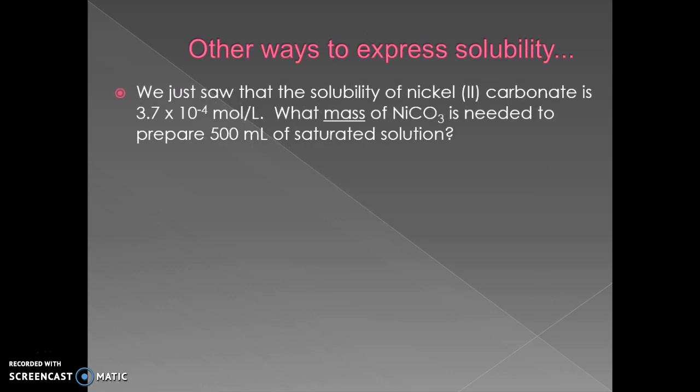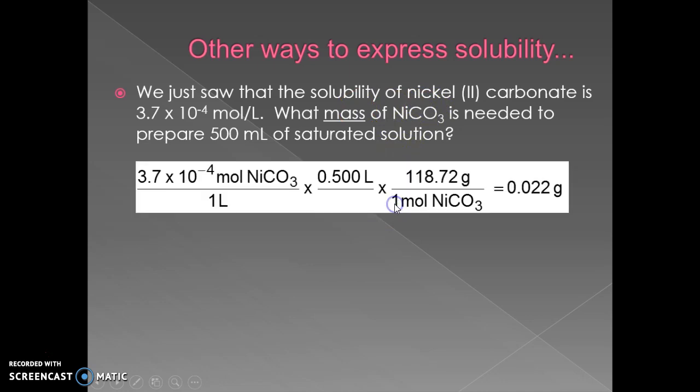We can continue that idea from the nickel carbonate and go into how much solid you would wind up with. So let's say that the solubility of the nickel carbonate was 3.7 times 10 to the negative 4, like we found, and we have 500 milliliters of solution. So we want to know what mass of nickel carbonate was needed to make that saturated solution. We can figure it out.